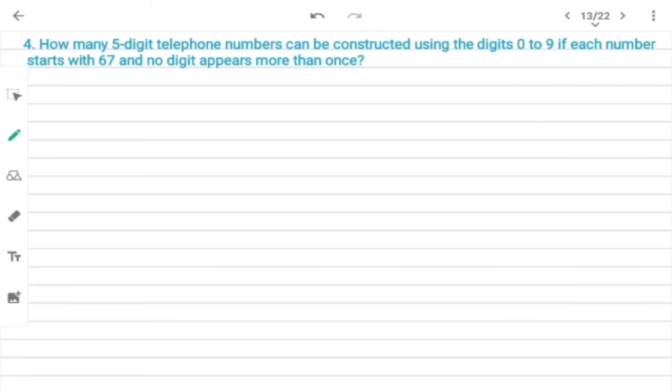Next, question number 4. How many 5-digit telephone numbers can be constructed using the digits 0 to 9? So, 0 to 9 is given, right? 0, 1, 2, 3, 4, 5, 6, 7, 8, 9.